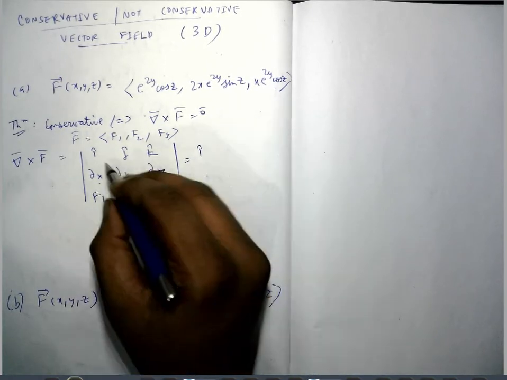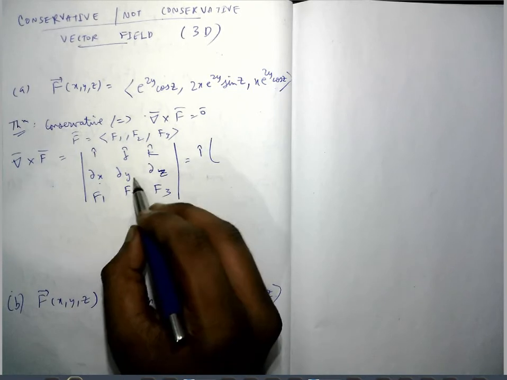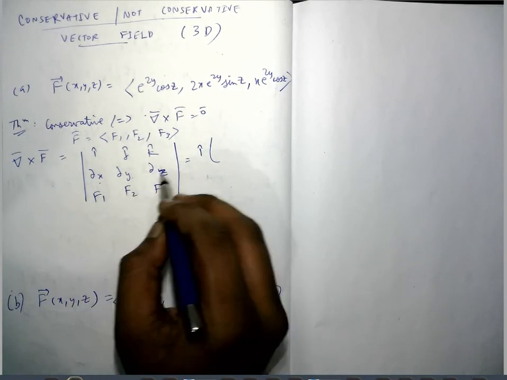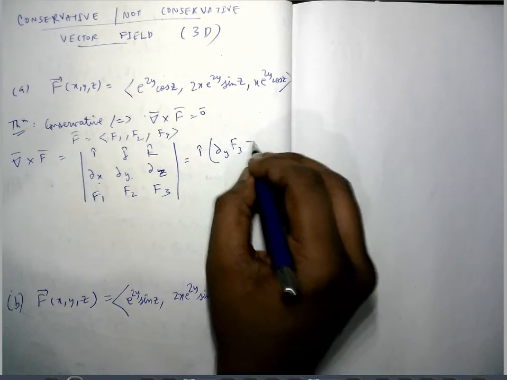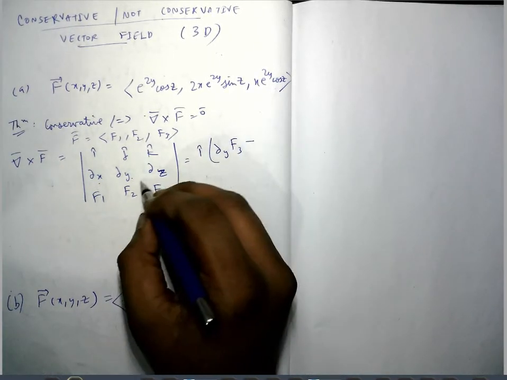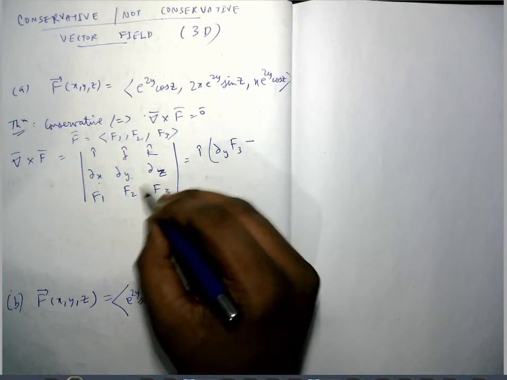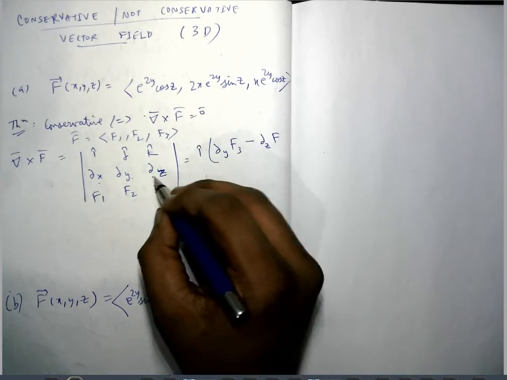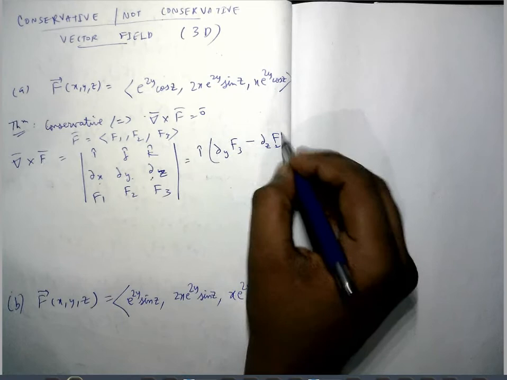So this is i cap times, you cover this row and this column and then cross multiply. So this will be partial y of f3 minus, and usually if there were numbers we would multiply them, but here instead of multiplying we apply the operator partial z on f2. That is how this is done.